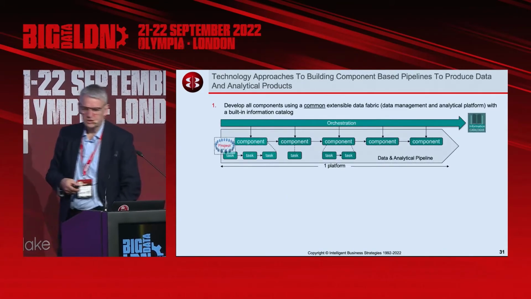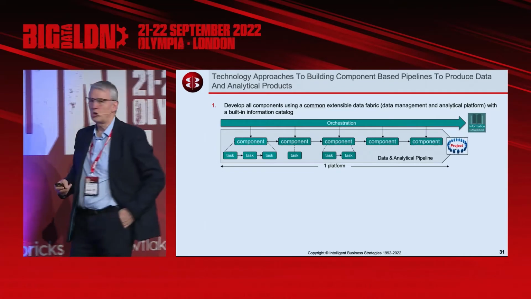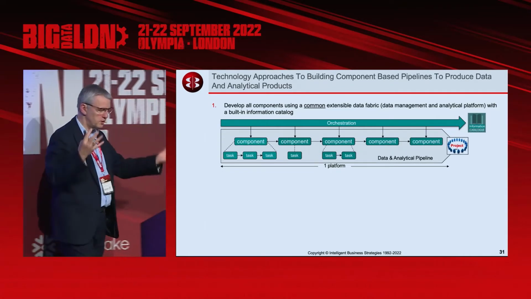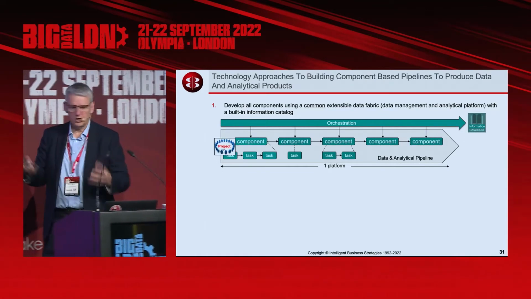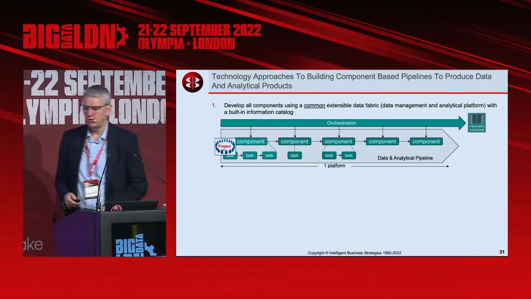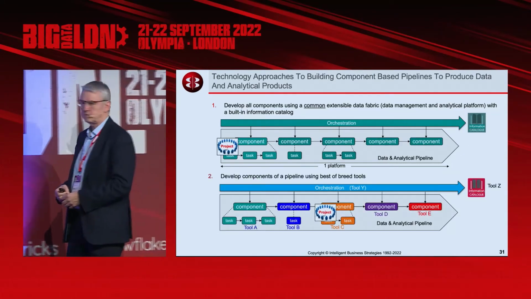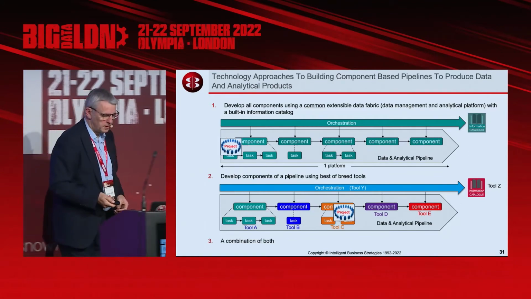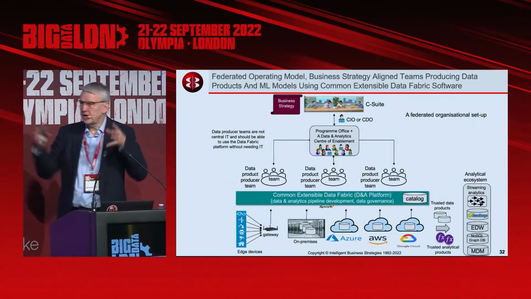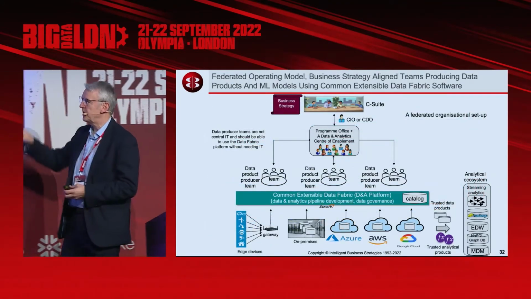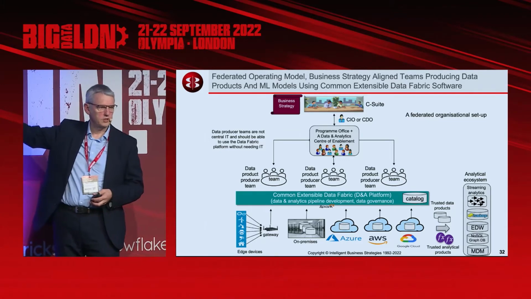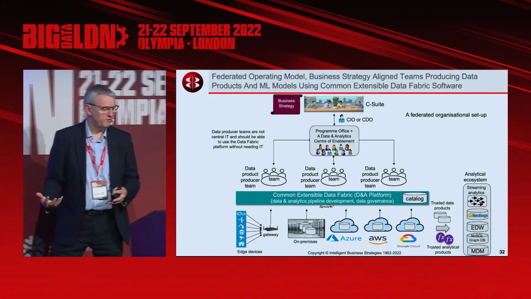And then I've got a choice. Do I want to go and build it all with a common data fabric software, all of those components, multiple people working on a pipeline, all with the one platform? Or am I going to go best of breed? So if I look at the first of these, taking a single data fabric, the idea is we have multiple teams of data product producers sharing a common platform.